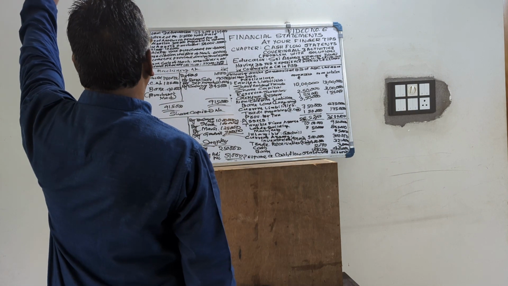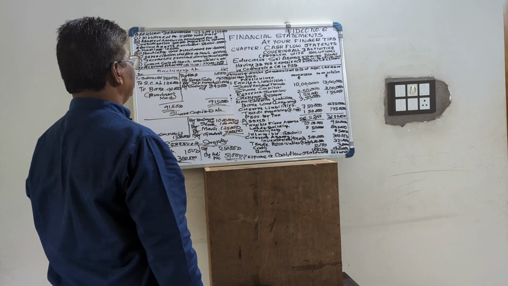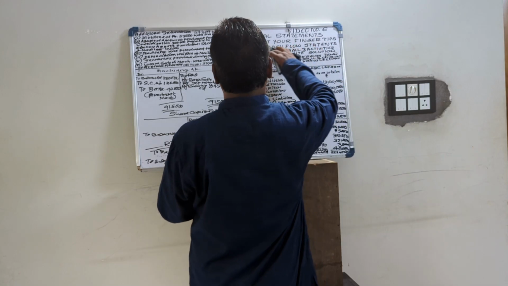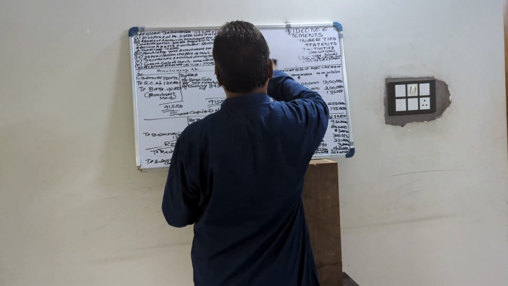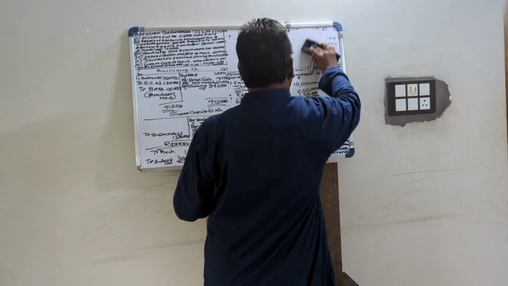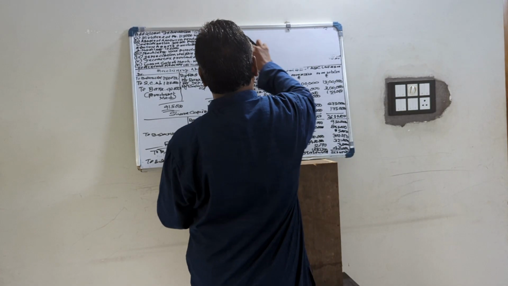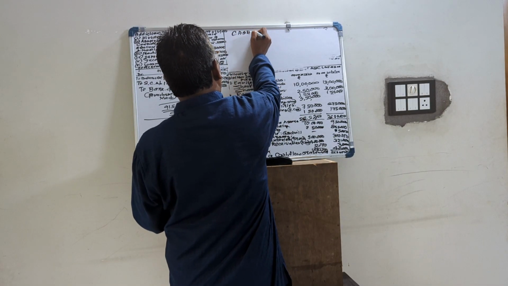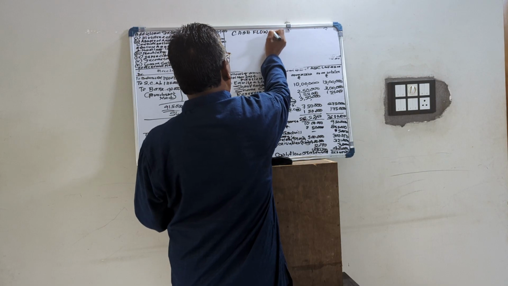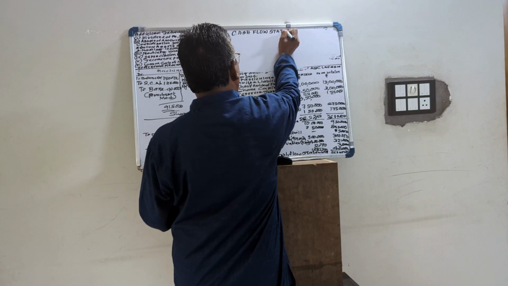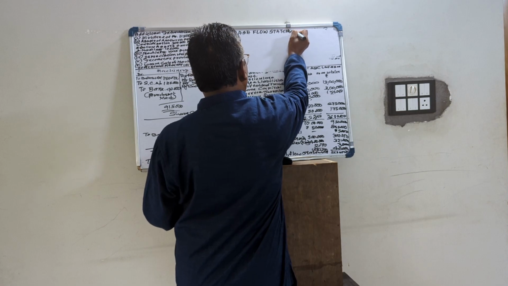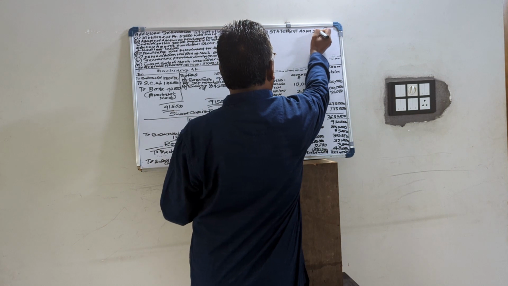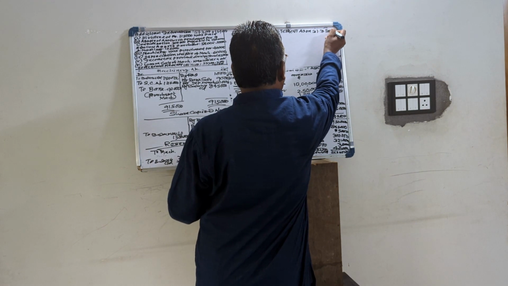Then we use machinery. Then we will prepare the cash flow statement of ABC Limited as on 31st March 2024.